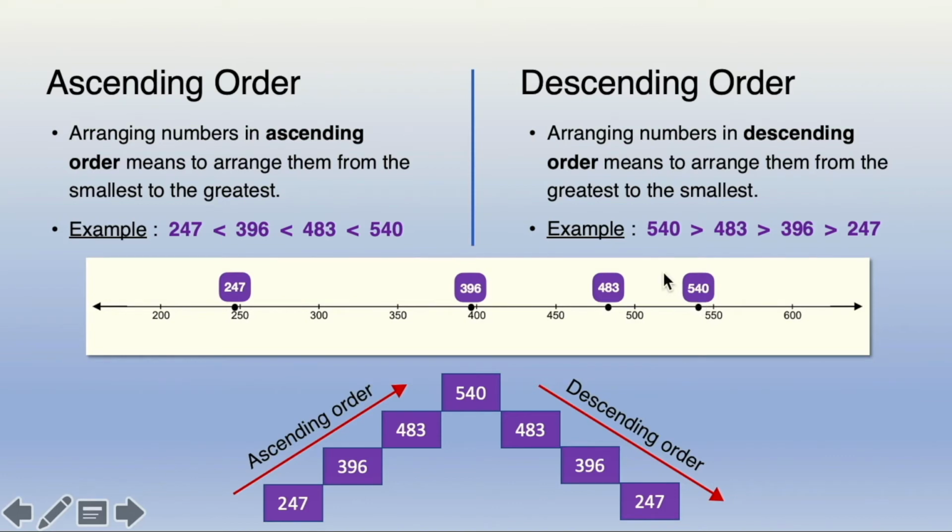First comes the number 540, which is greater than the number 483, which is greater than the number 396, which is greater than the number with the least value, that is 247. And this is the descending order of the 4 numbers, where the values are decreasing.